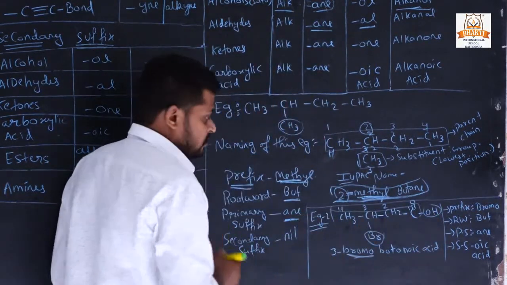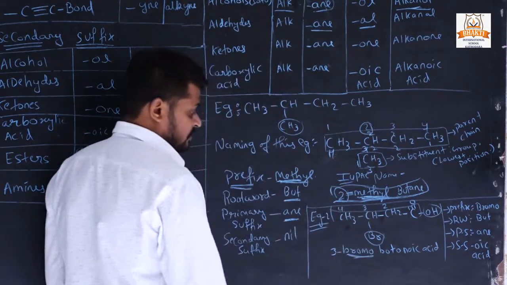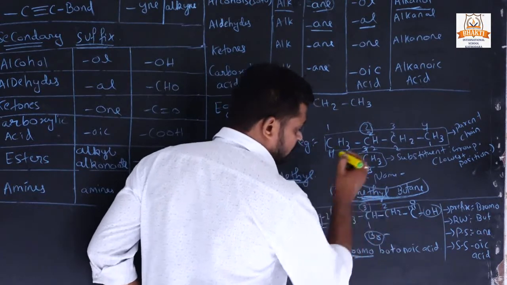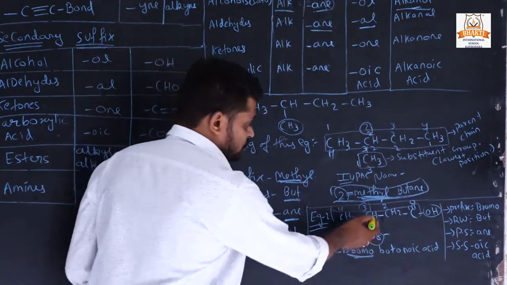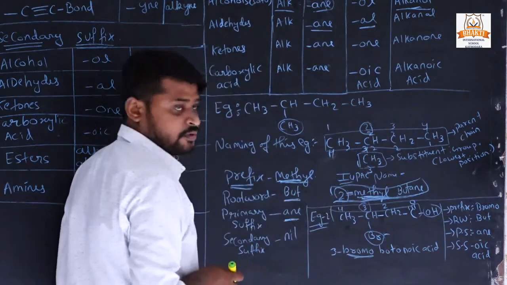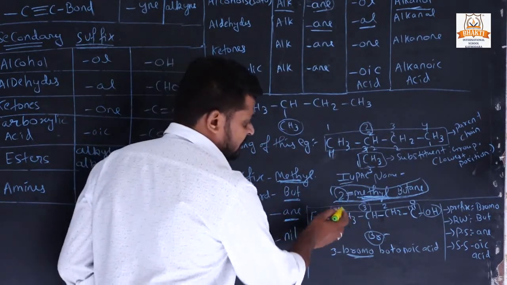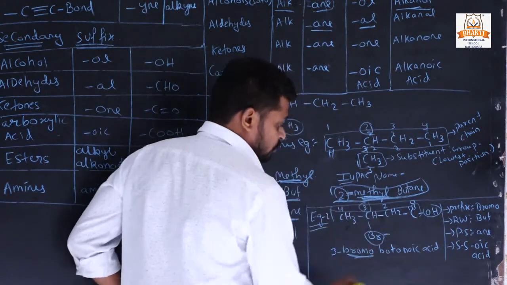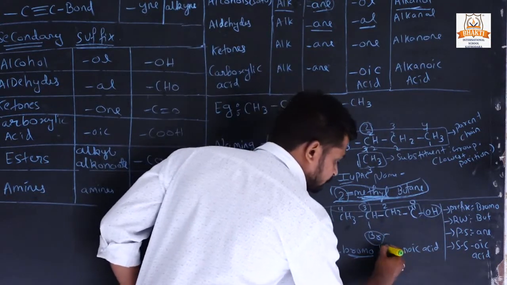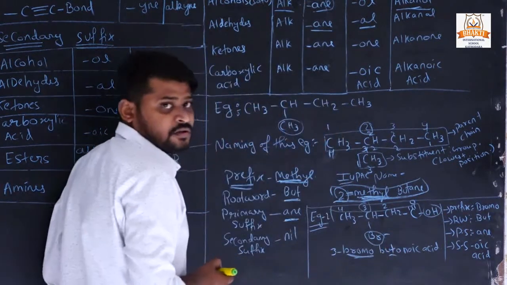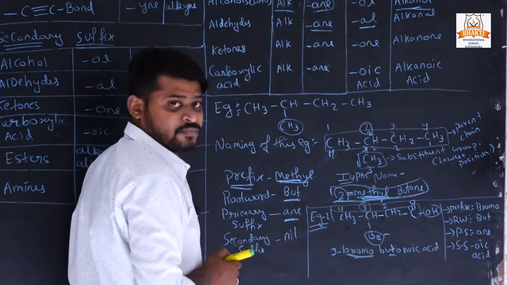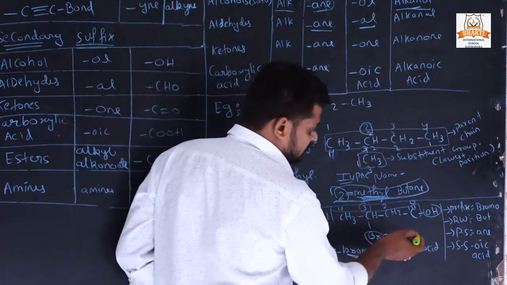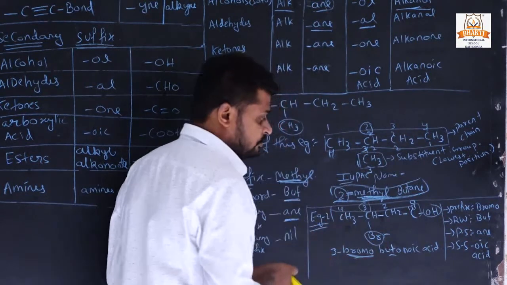The substituent group is in the third position, so 3-bromo. The number of carbons present in the parent chain is 1, 2, 3 and 4, so the root word is but.